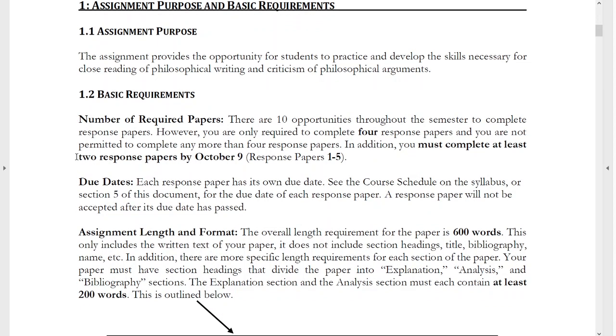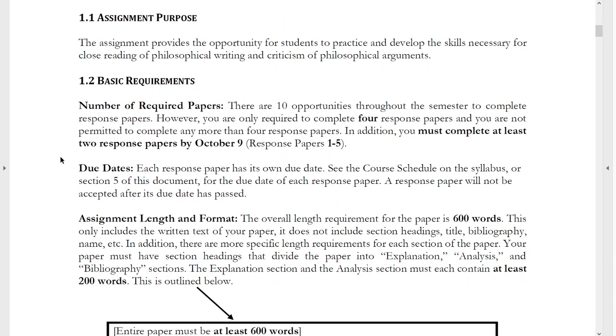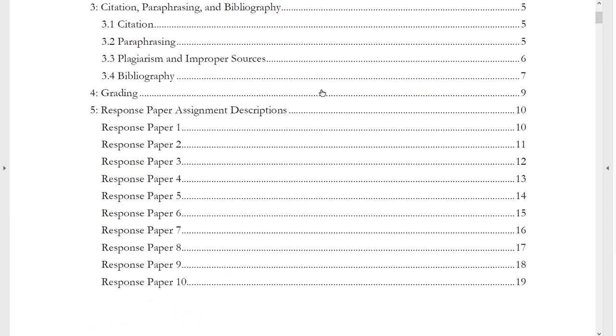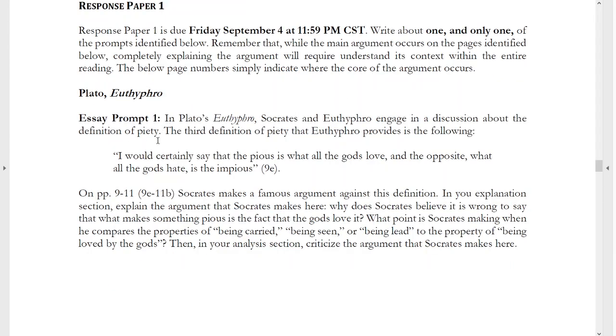Okay. Other nuts and bolts sort of things, due dates. Each response paper has its own due date. You can look at the course schedule on the syllabus and see this. Another area where you can see this is in section 5 of this document. I have a description of each response paper assignment. So there's 10 possibilities. Each has its own set of prompts. And so let's just go to response paper 1, for instance.